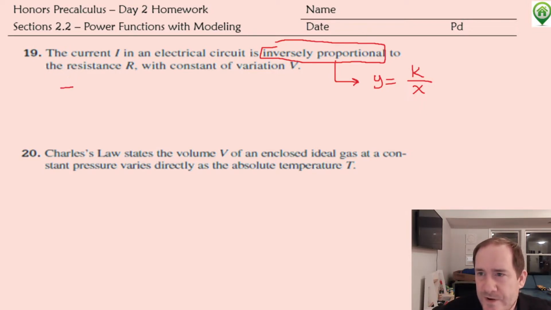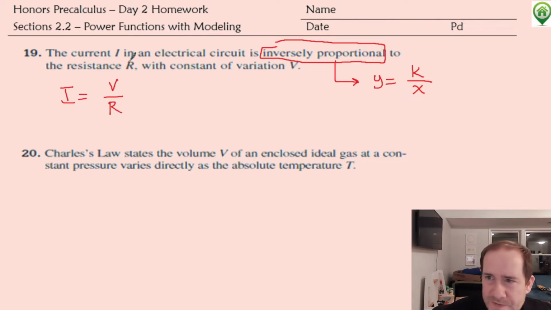So that means the current I is equal to the resistance R. So they are stipulating a constant of variation here. So don't say K divided by, say V divided by the resistance R. But that's it. It would just be I equals V over R. It didn't stipulate that it's the square of the radius or of the resistance. There's no other operation, so we're done.